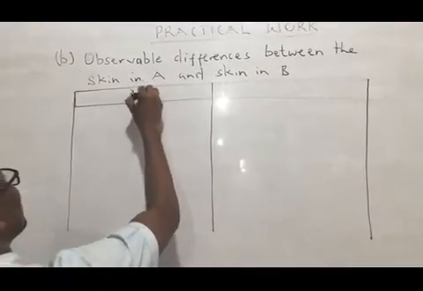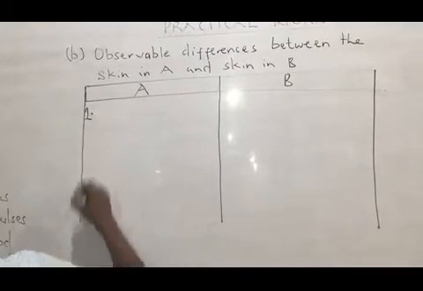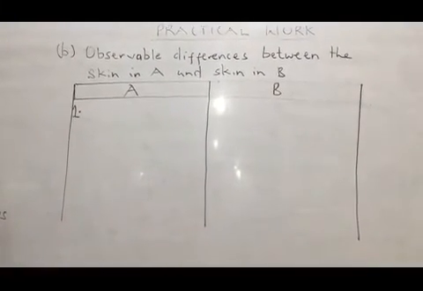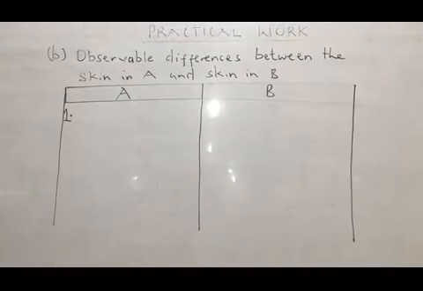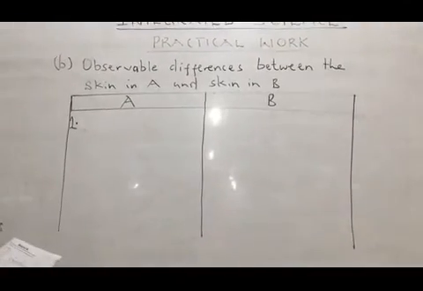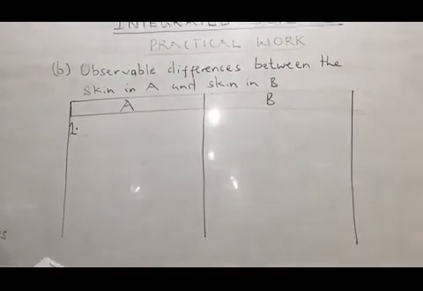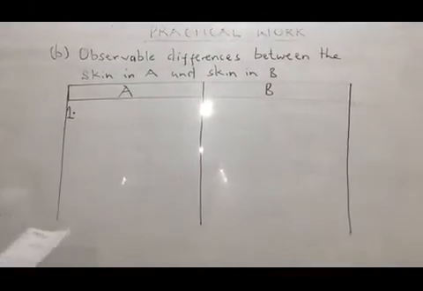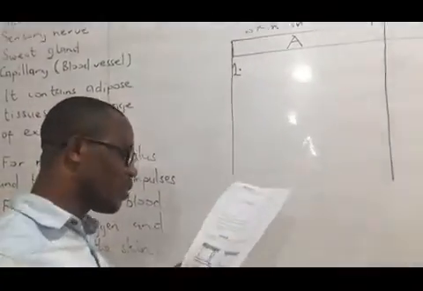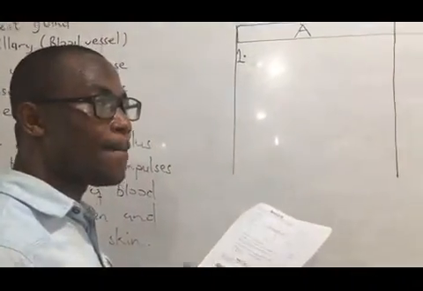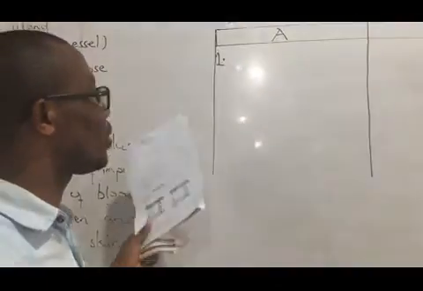So you have A and then B. Now, what are some of the differences you can see? If you compare both diagrams, you realize that the hair on the surface of the skin in A is standing erect or upright, but the hair on the surface of the skin in B is lying parallel, or lying flat on the surface of the skin. So that is one difference.